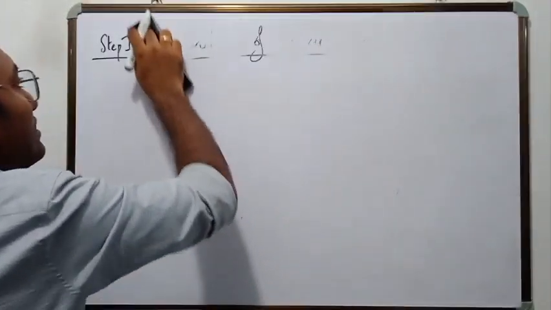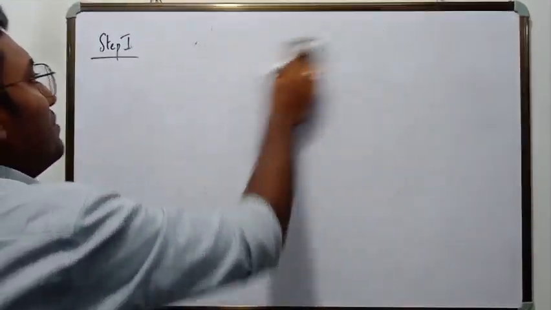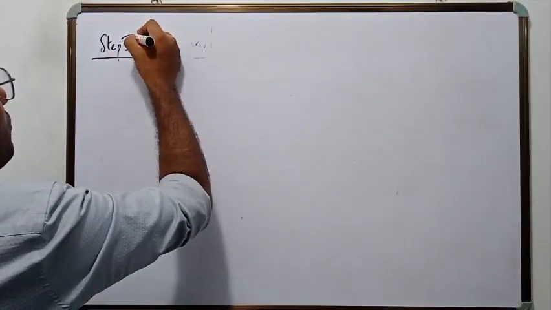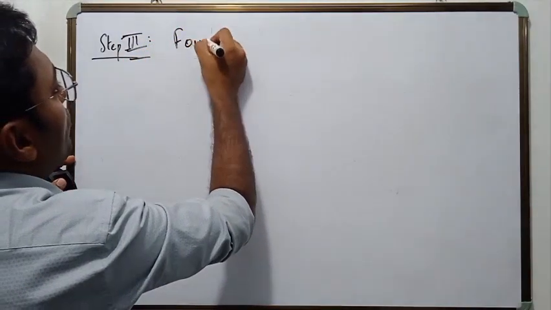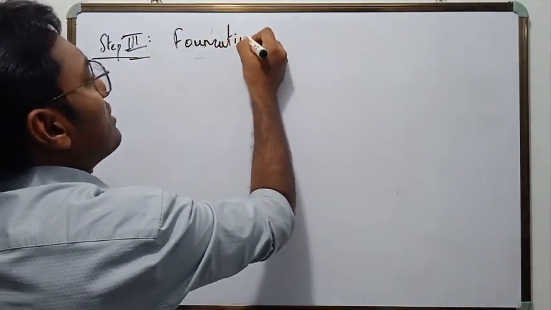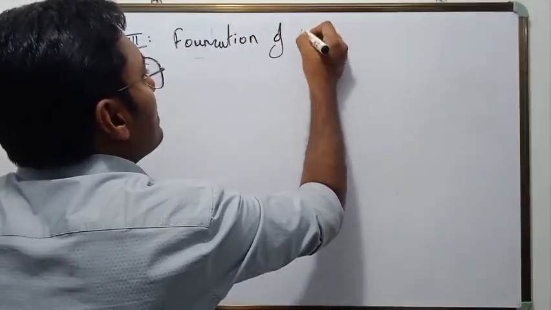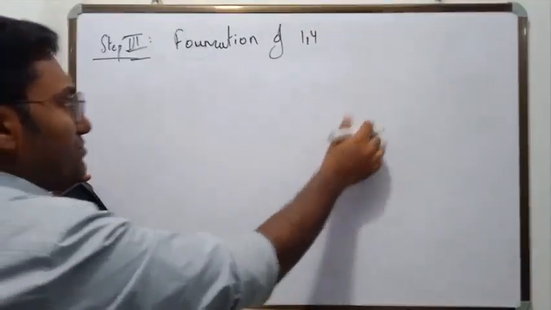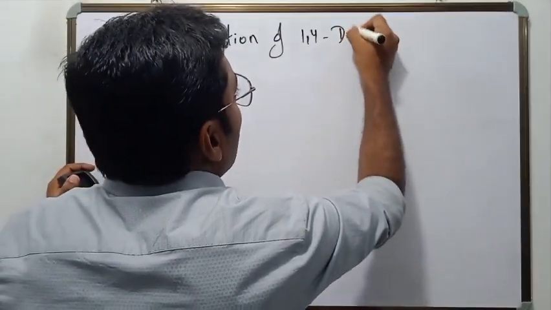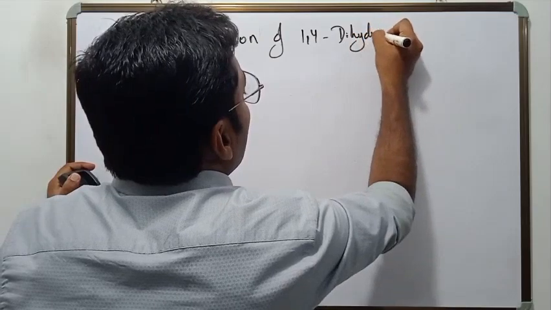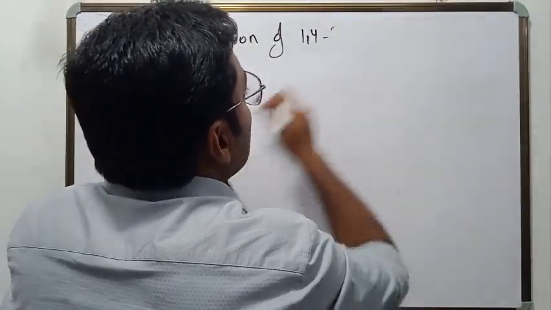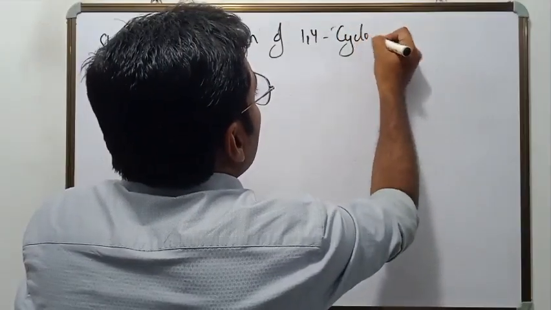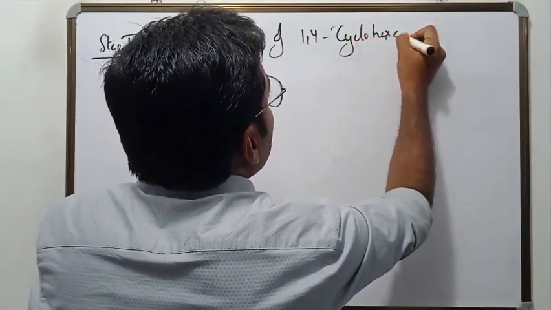Let us see what it is. Formation of 1,4-cyclohexadiene. Formation of our product, nothing else. What is our product name? 1,4-dihydrobenzene, or you can say 1,4-cyclohexadiene. Let's see what happens.